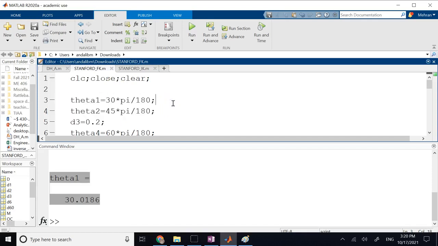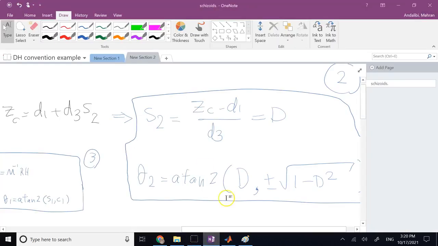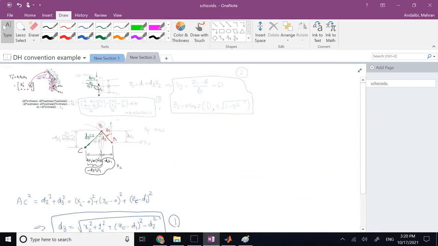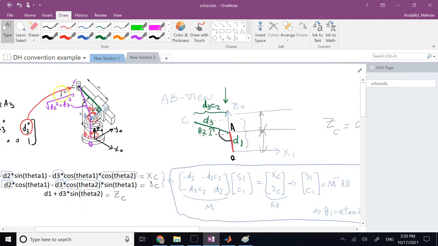So I could get my first 3 joint variables through the inverse position problem for the Stanford Arm.